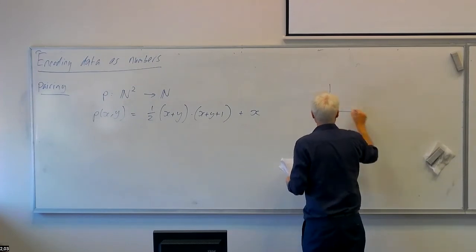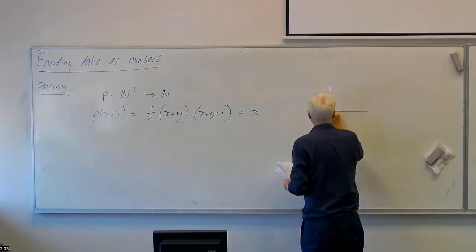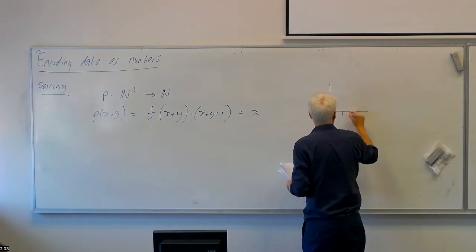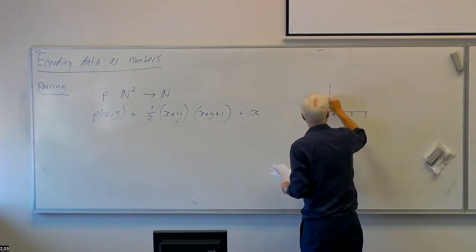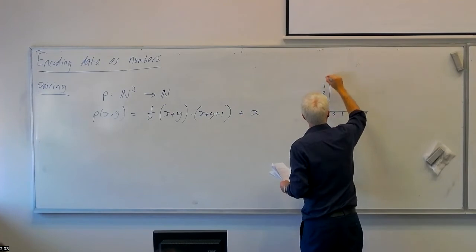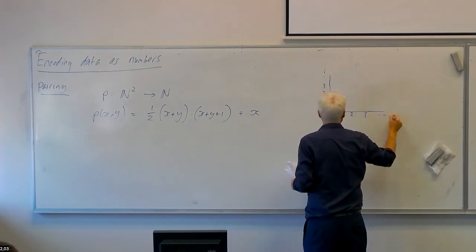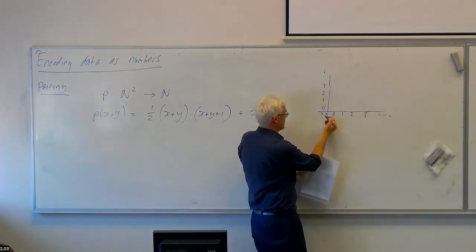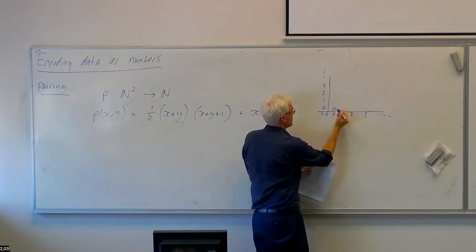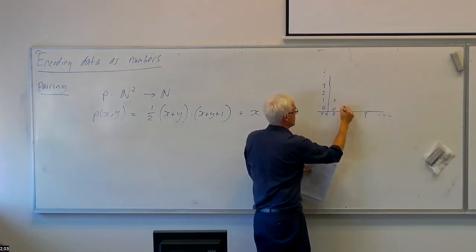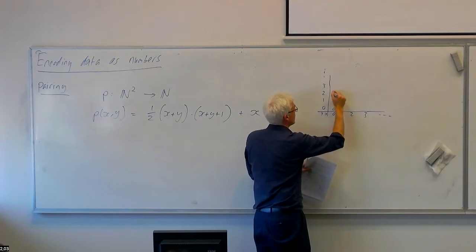Anyway, if we look at what this does, if we've got x here and y going up here, so we're 0, 1, 2, 3, 0, 1, 2, 3, and so on. Well, it maps (0, 0) to 0. And then it starts counting down the diagonals.